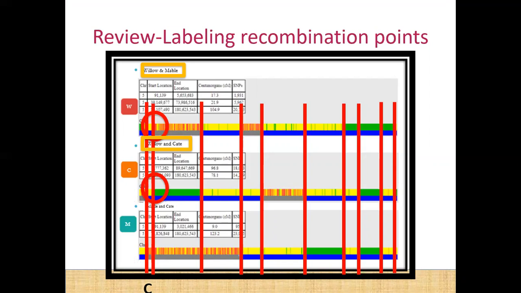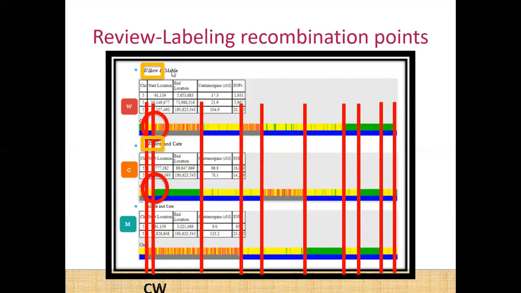The next recombination line has changes in the top two comparisons, moving from a yellow-blue half match to a no match, gray on the bottom, and from a half match, yellow on top, blue on bottom, to a full match, green on top, blue on bottom. Both these comparisons contain Willow.